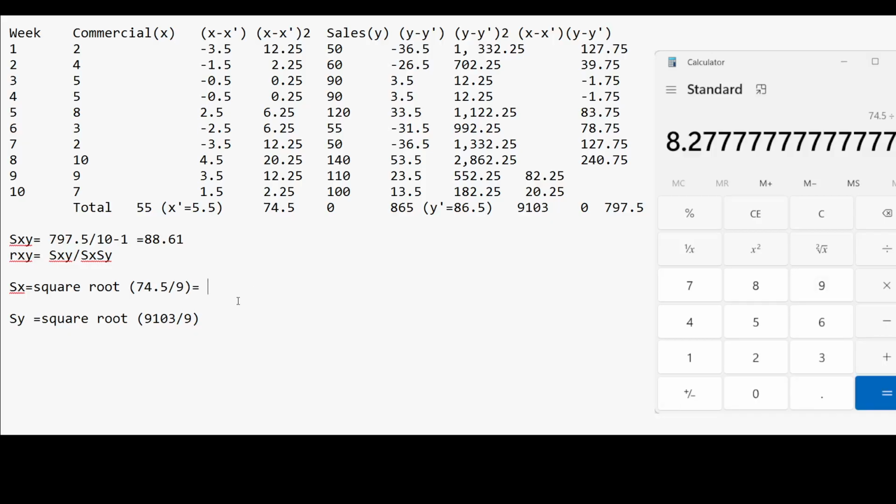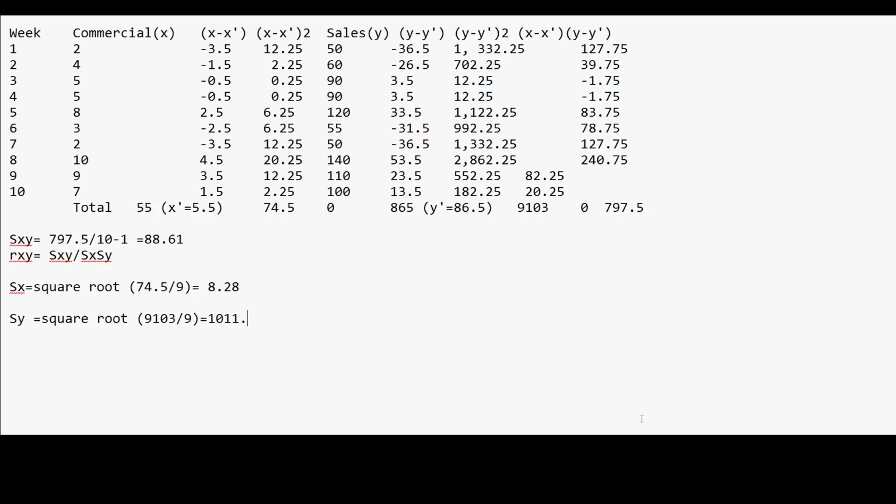That is 8.28. Then 9,103 divided by 9 is 1,011.44.